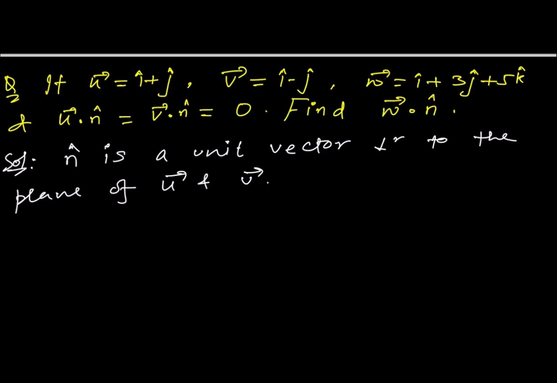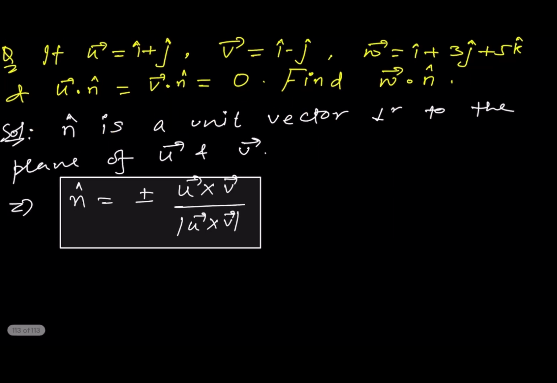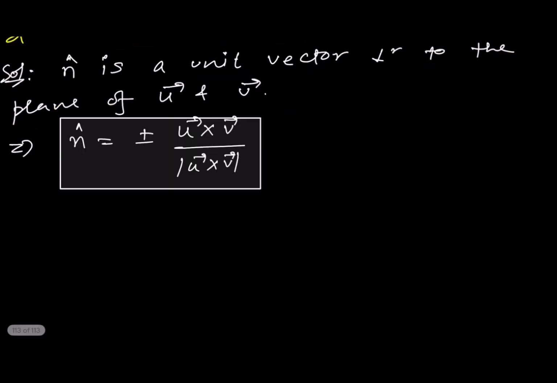Okay, so n cap is in the direction of u cross v. So n cap is nothing but plus minus u cross v on modulus of u cross v. I hope you understood why I have written this.